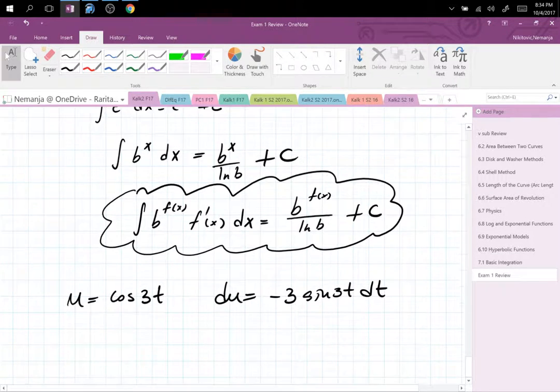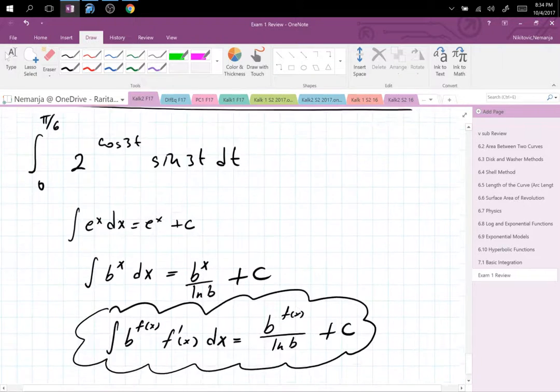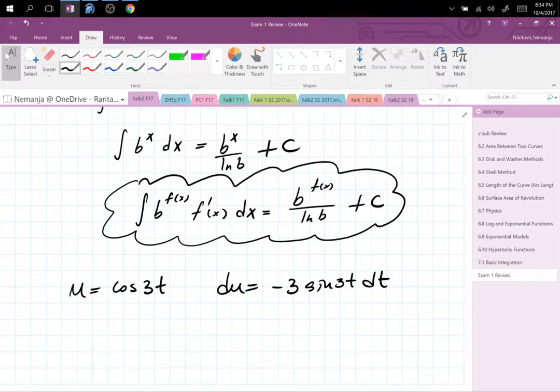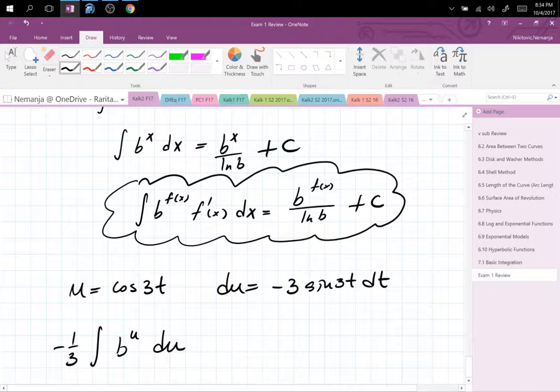When we plug everything in, what do I need? I need negative 3, right? So I'll put negative 3 in here, and put negative a third outside. So now I have negative 1/3 outside of the integral, and inside I have b to the u du.